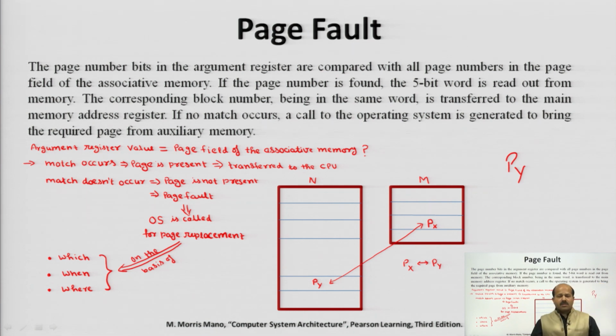So, how will the page replacement algorithm replace a particular page of the main memory?